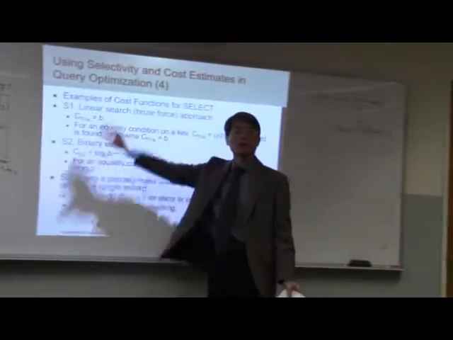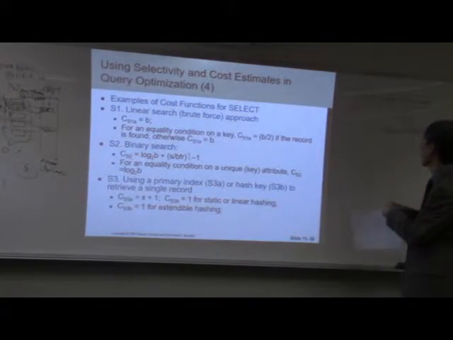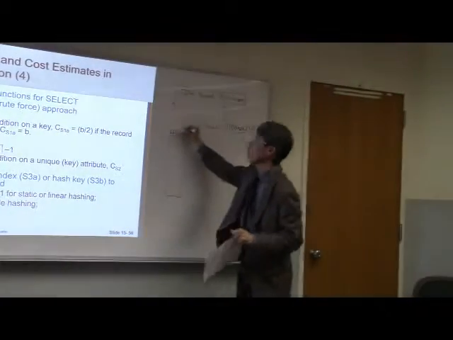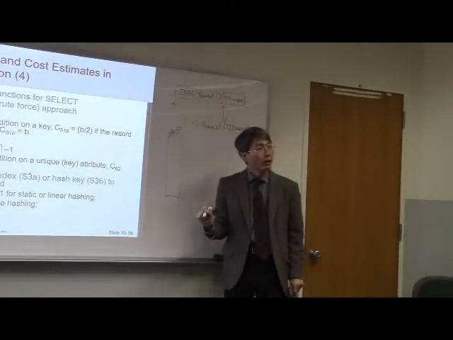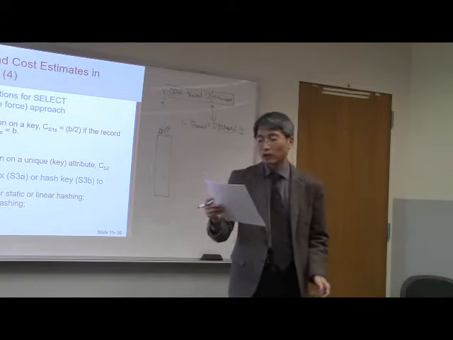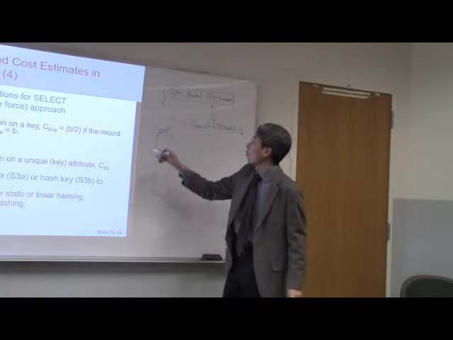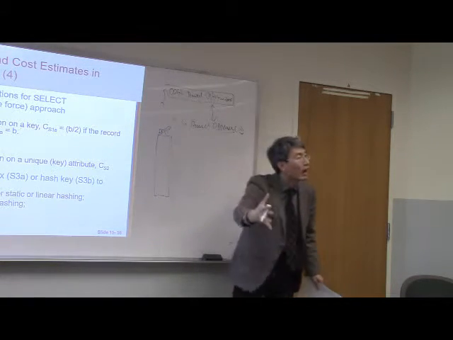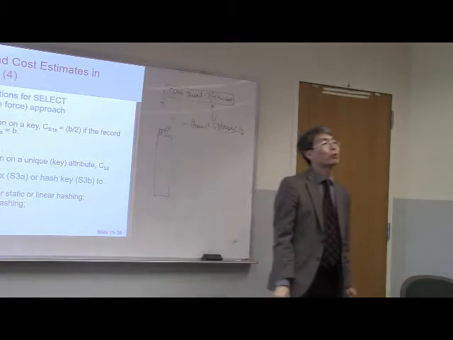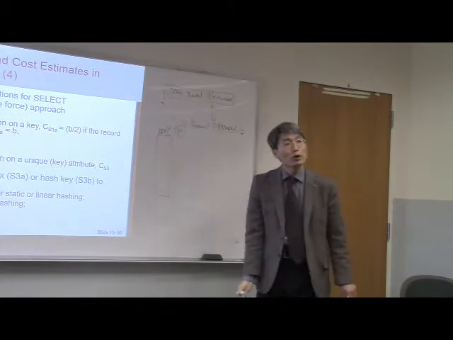What is the cost of the linear search? Linear search means, if we have the employee table, how many IOs are needed to access this employee table? The number of tuples?